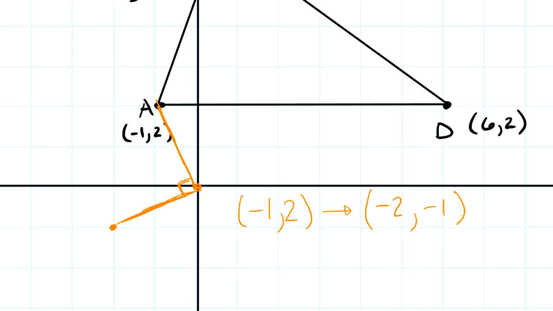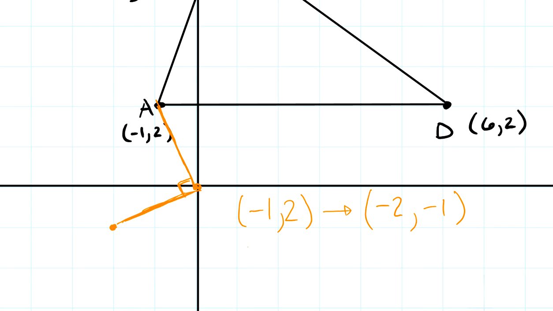So if you look at it, you can see what's happening here. x and y are switching spots, right? The x is going to go into the place of y, and the y is going to come up to where x is, but it's going to switch signs.